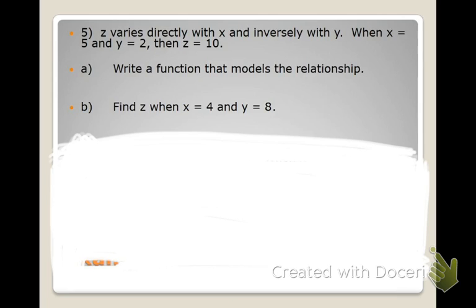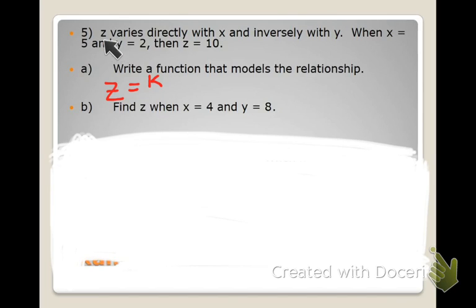If z varies, it's going to be z equals. You know you're going to have a k in there. So if it varies directly with x, is k going to get multiplied by or divided by x? Divided. For directly? Multiplied by. So remember y equals kx was direct.